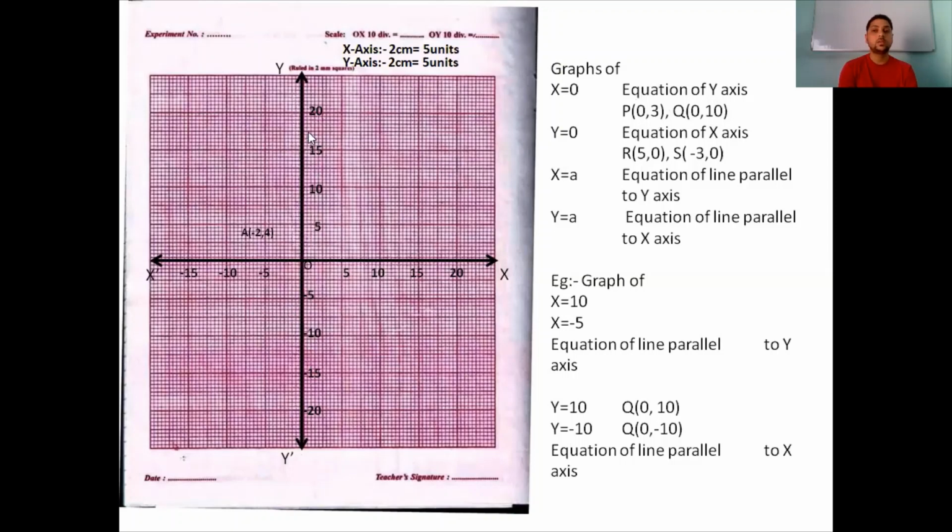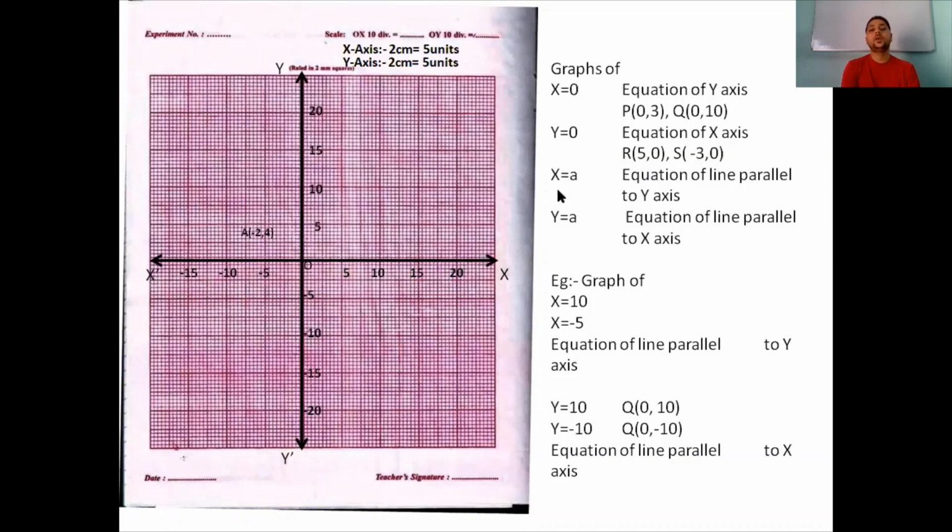This is the equation of your y-axis. Similarly, when y is equal to 0 and x can have any value, this will be the equation of your x-axis. Understand? On this line, x can have any value, but the value of y will always be 0.